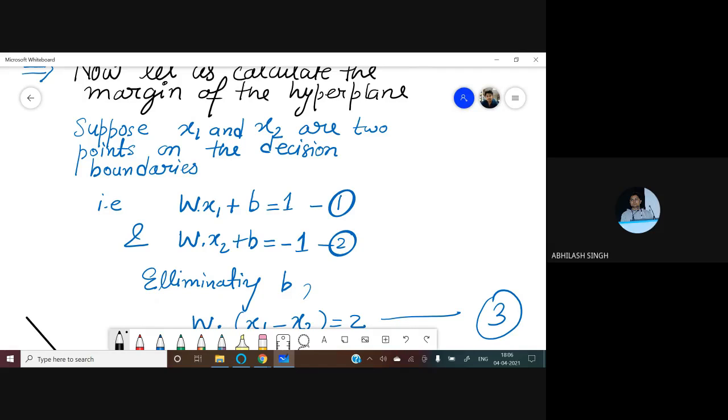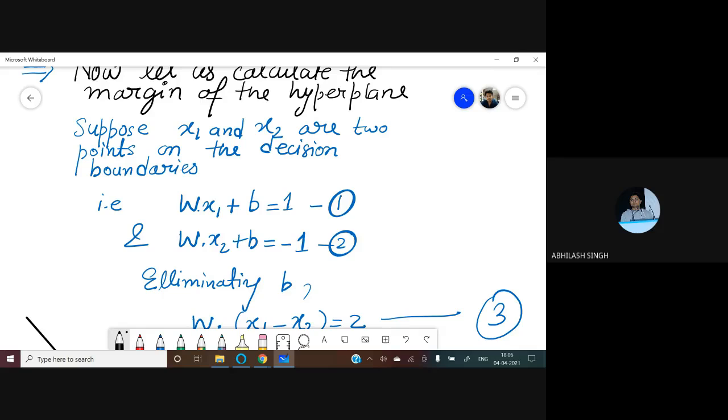Let us suppose that x1 and x2 are two points on the two decision boundaries. If these points are on the decision boundaries, then these two are support vectors.